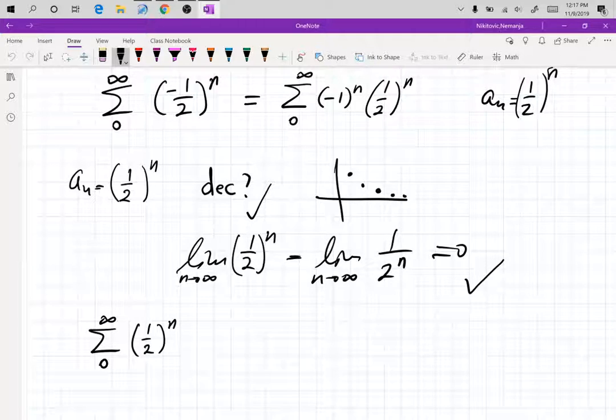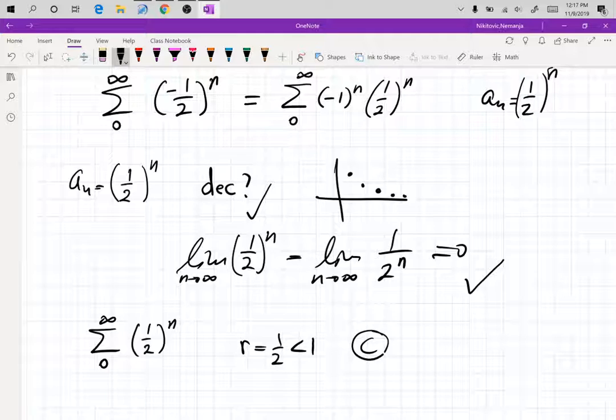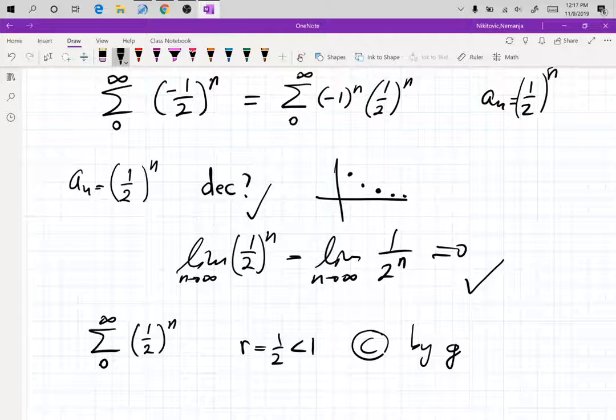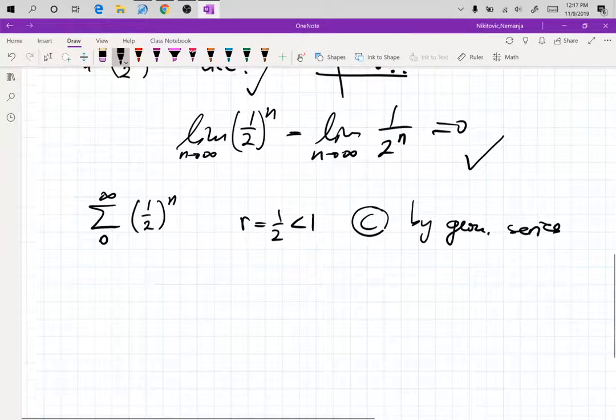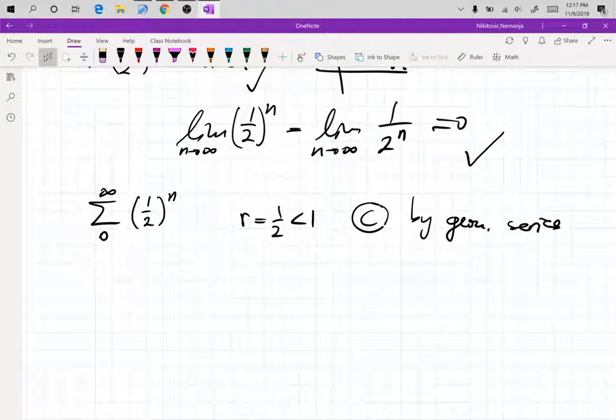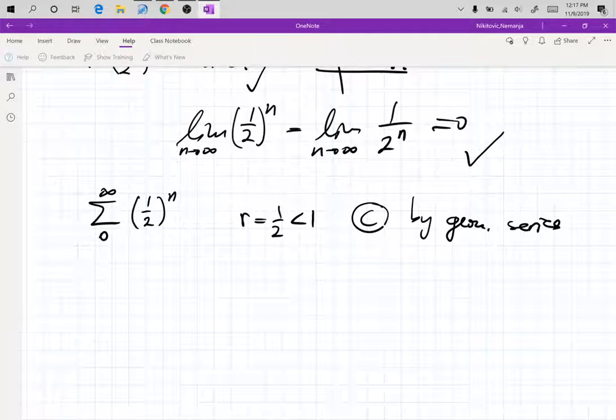It's your second row on your sheet of paper. R is what? Less than 1, which means it converges. So look at the sheet, right? R equals 1/2, less than 1, converges by geometric series, and then we can claim absolute convergence.